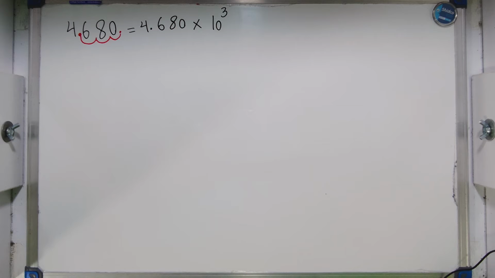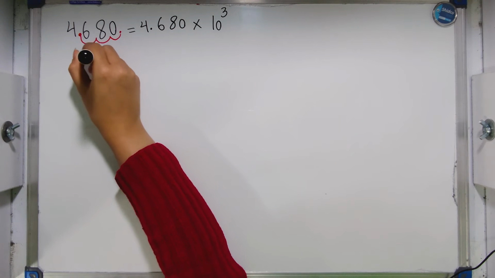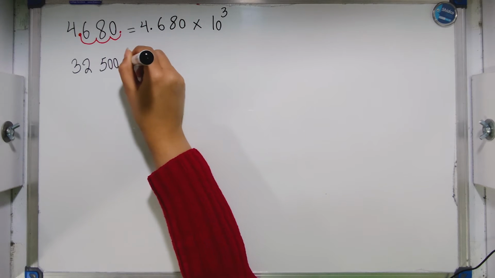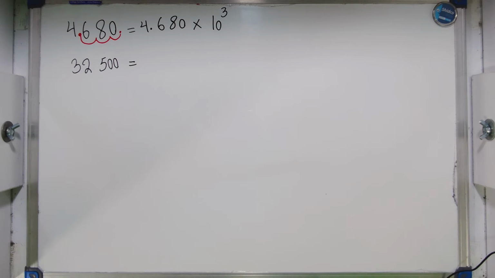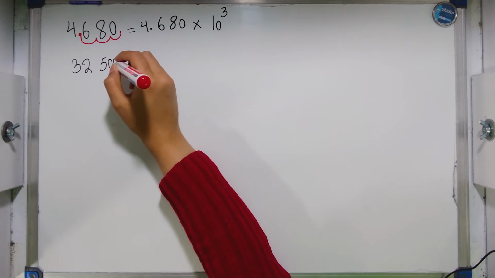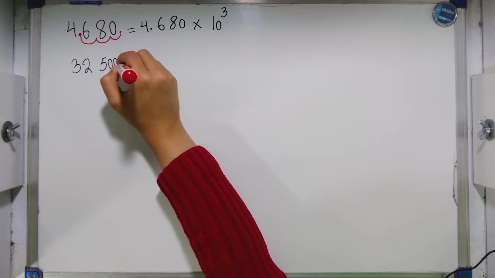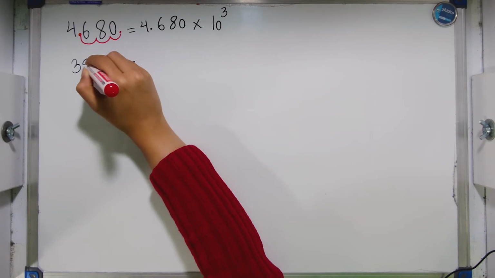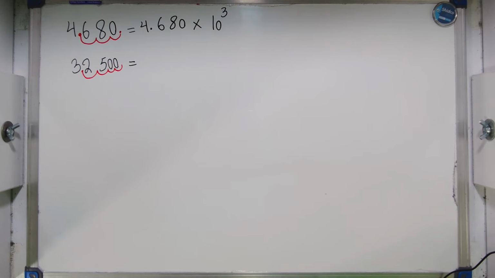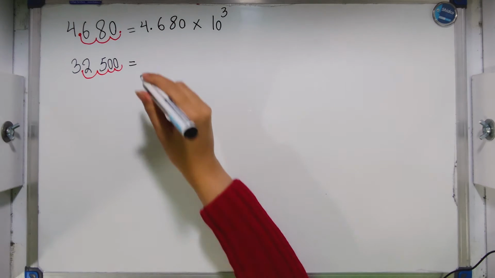So let's have another example. 32,500. So again, the decimal is here. I have to put the decimal between the first two digits. So 1, 2, 3, and 4. The decimal should be between 3 and 2 to have a scientific notation.